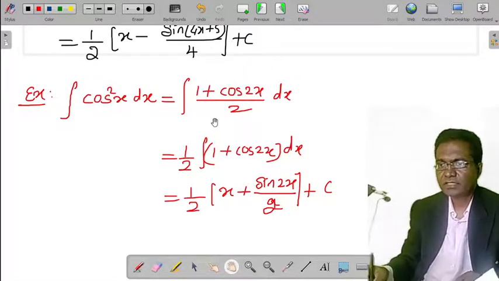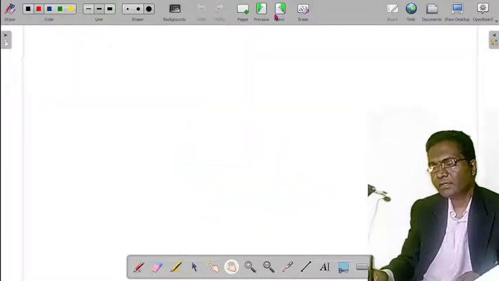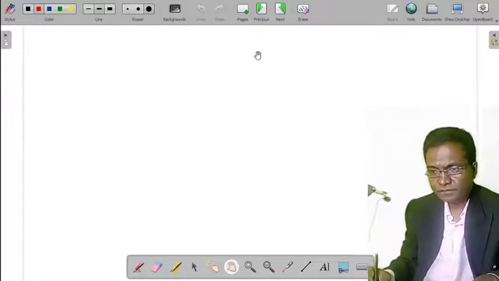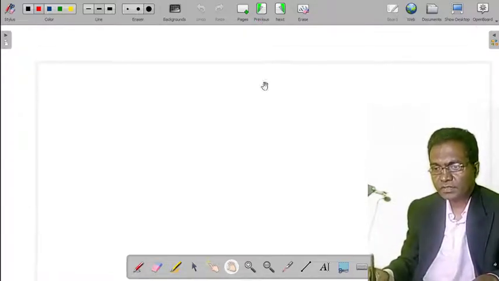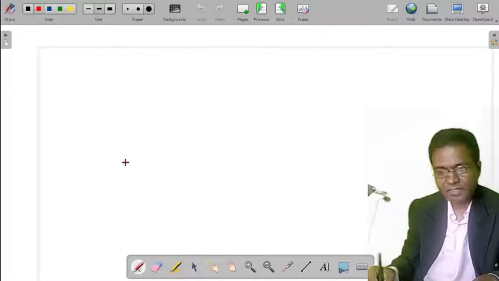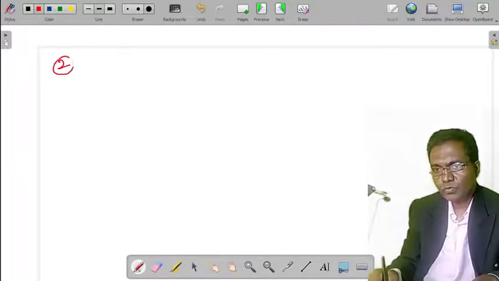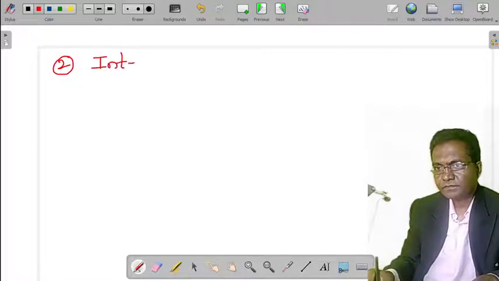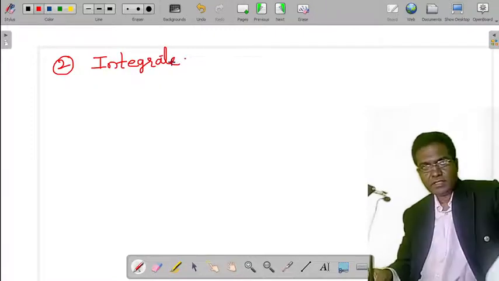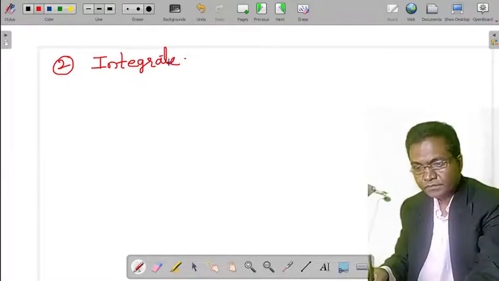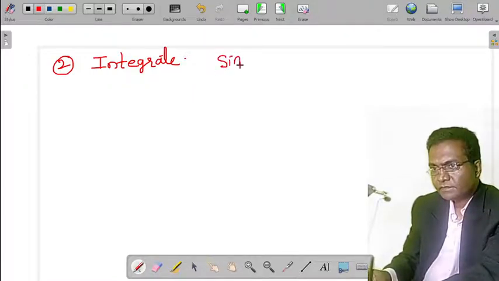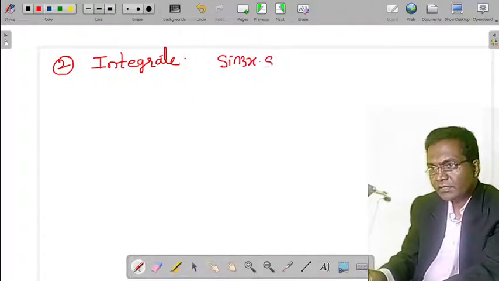Okay, let's have an example of exercise 7.3, example 2. You are asked to integrate sine 3x into sine 4x.